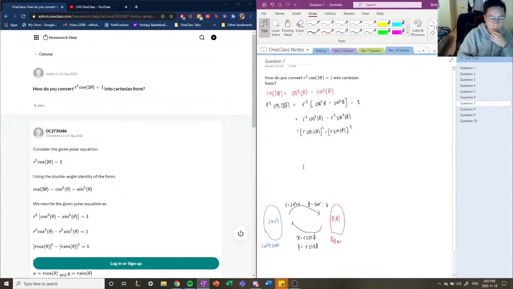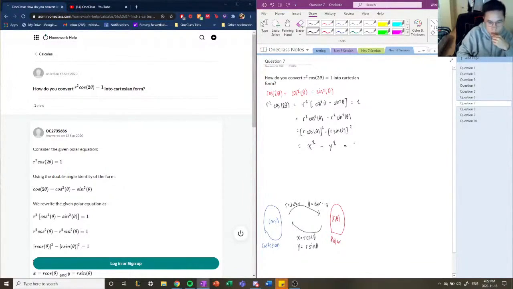Okay, so we have our equations here: x equals r cos theta and y equals r sine theta, right? Here we have r cos theta, so we can say that equals x squared, and we have r sine theta as y, so minus y squared. So now we have converted r squared cos 2 theta back into its Cartesian form, which is x squared minus y squared.